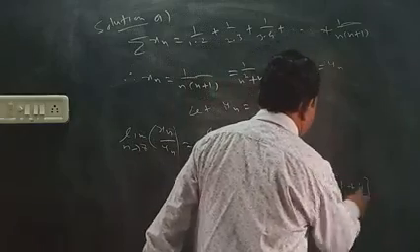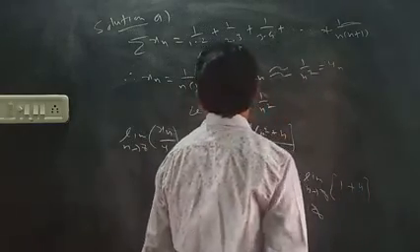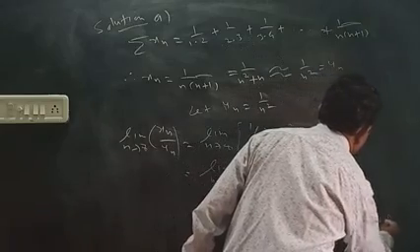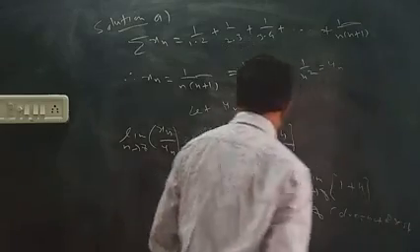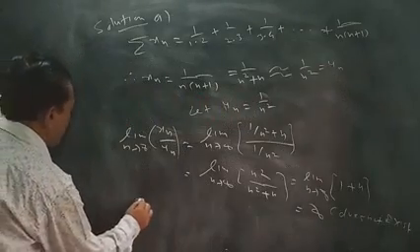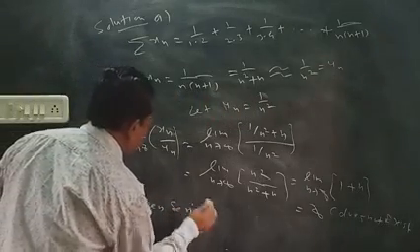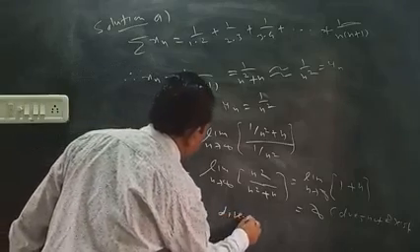So apply n tends to infinity, 1 plus infinity. Okay, the limit does not exist. Means what? The series diverges. If the limit exists, it converges.